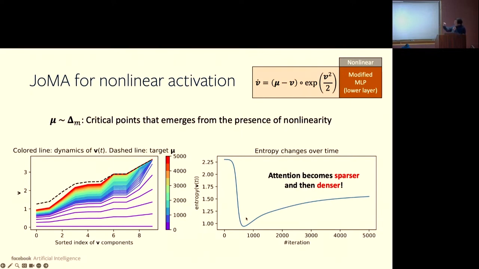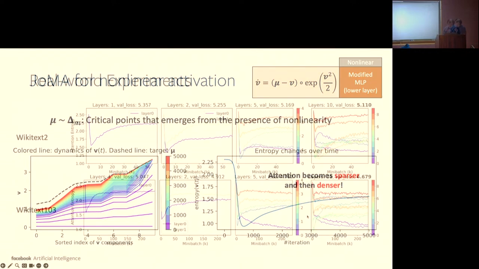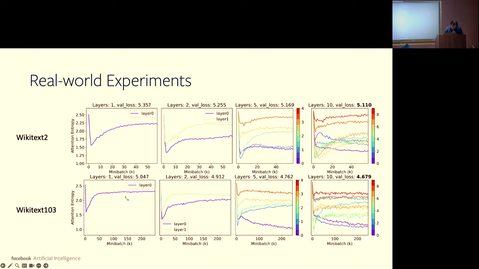But after a while, the attention scores pick up and the entropy goes up. The reason is that it also picks up features and tokens that are not salient, but still reasonably salient over time. That's why you see the attention entropy go up a little bit. This does not drop in the first step because here the unit is mini-batch K, so kilo mini-batches.